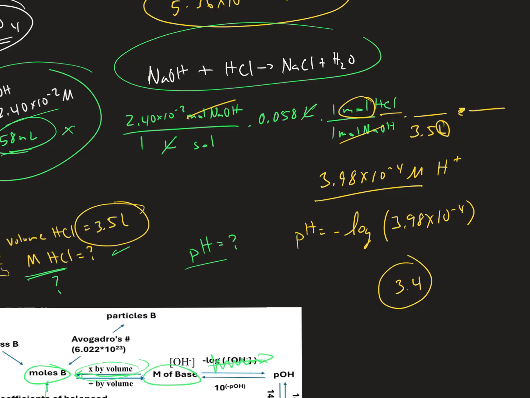What's the mole-to-mole ratio of H to HCl? It's a 1-to-1 ratio. So we have a 1 here and a 1 here. Does that change anything? It doesn't. So this is the concentration of my HCl, but it's also the concentration of my H plus. Make sense? Thanks for asking. And then I throw that in my formula to get my pH.